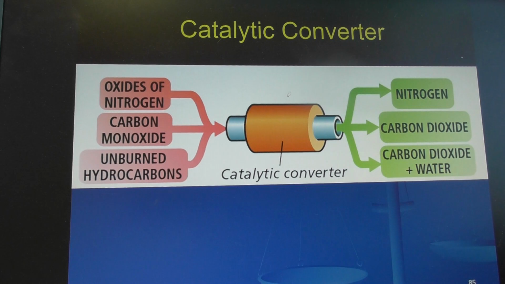The reason it's called a catalytic converter is that inside it we have the presence of a catalyst. Now it's a transition metal, either platinum or palladium or rhodium, so one of those metals normally.